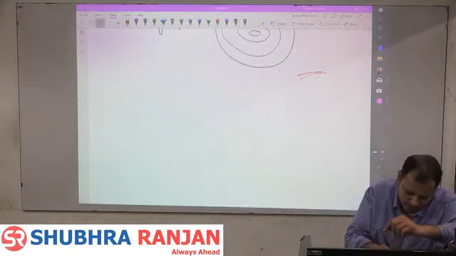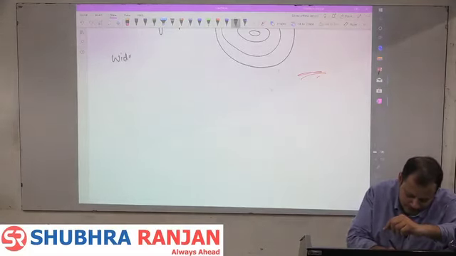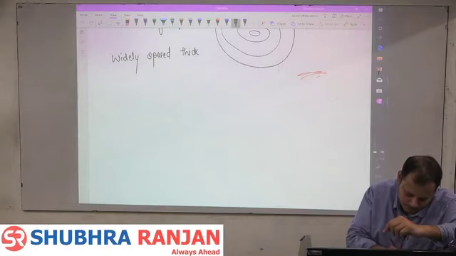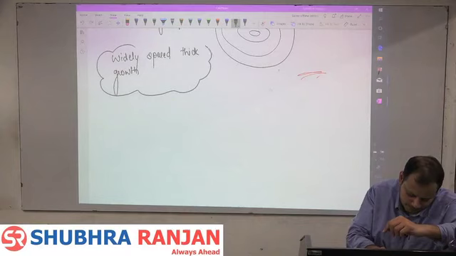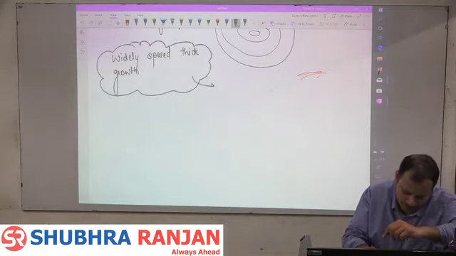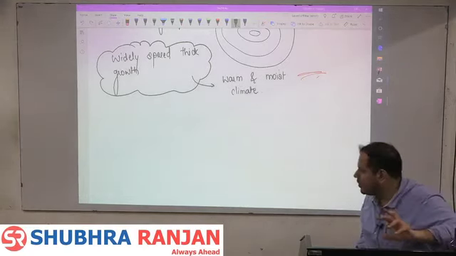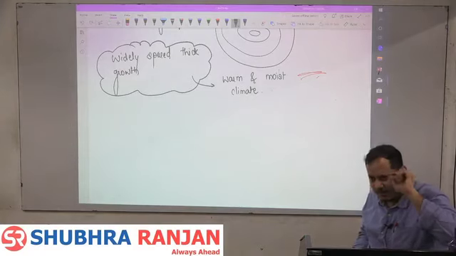Remember, I will not dictate, just remember, example, widely spaced, thick growth indicates warm and moist climate. When the trees properly grow, then the rings inside the tree will be widely spaced.